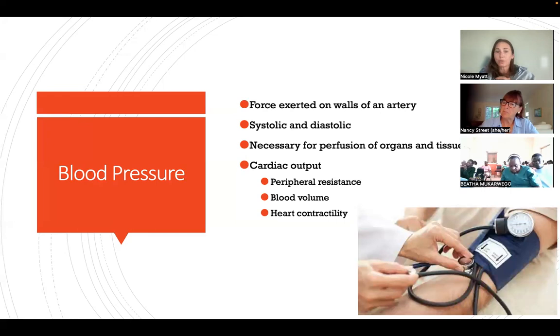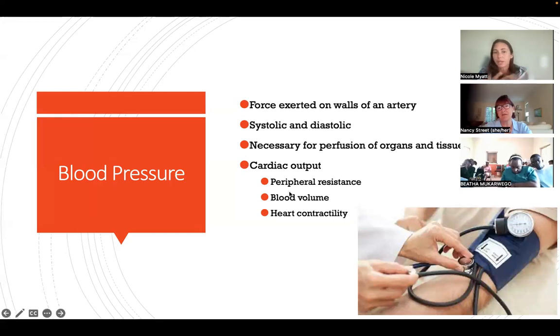So here we say MAP, which is mean arterial pressure, and we like a MAP greater than 60. You might also say that we need the systolic blood pressure greater than 100. This is just to say that we need a certain force to make sure that blood goes all the way into the kidneys, or all the way into the intestinal tract, or all the way into the liver for the toxins to be filtered. We really need a certain amount of pressure to get that fluid into the organs so they can do their jobs.